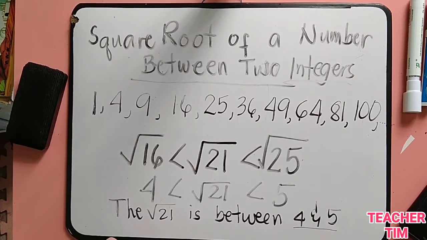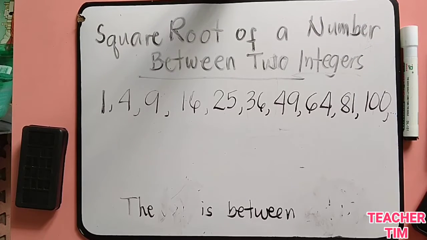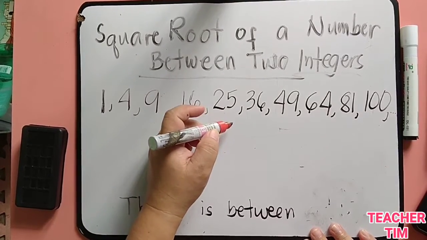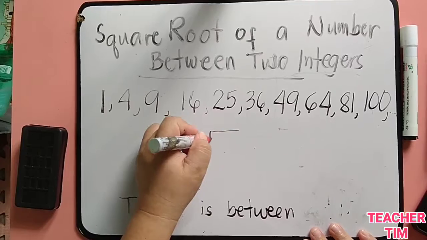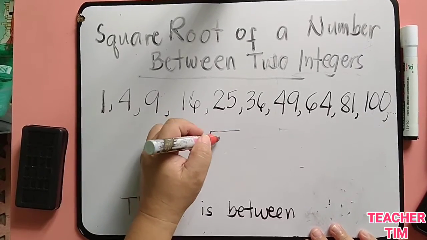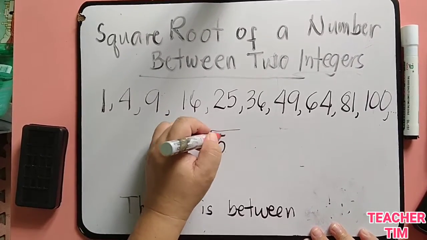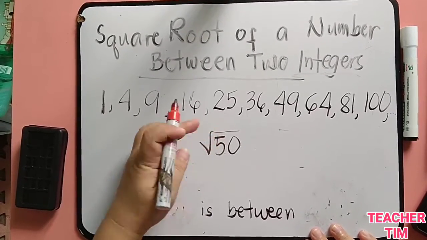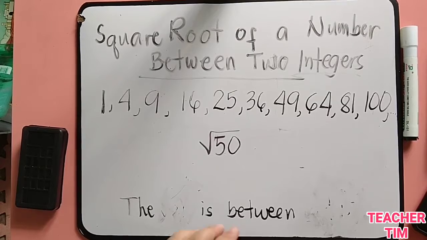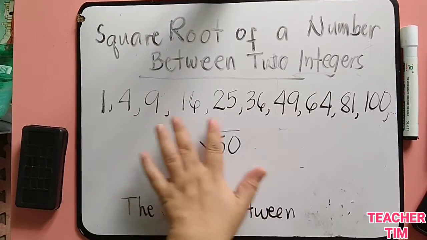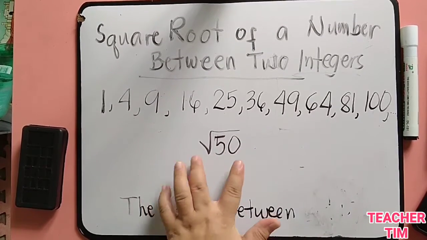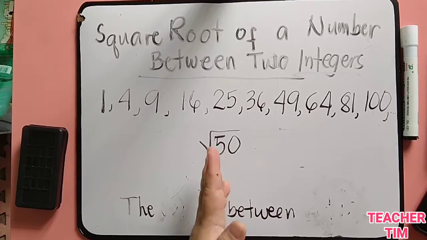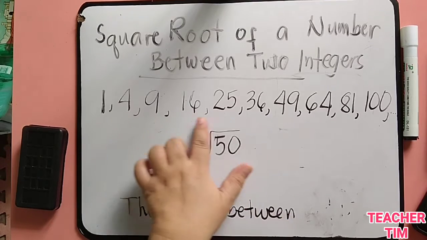Let us have another example. Let us find the square root of 50. Since 50 is not on the list, we will find the two integers wherein 50 is in between.